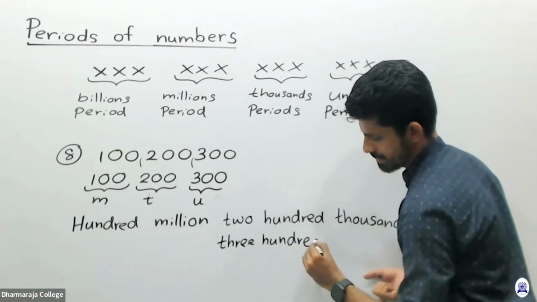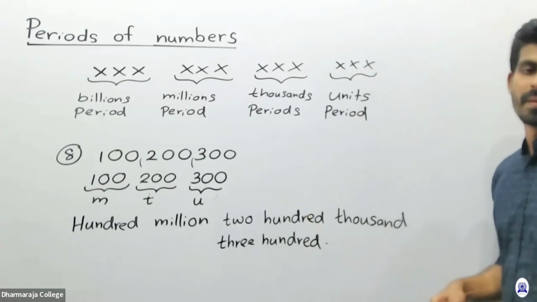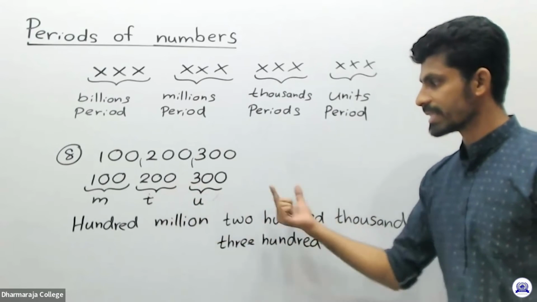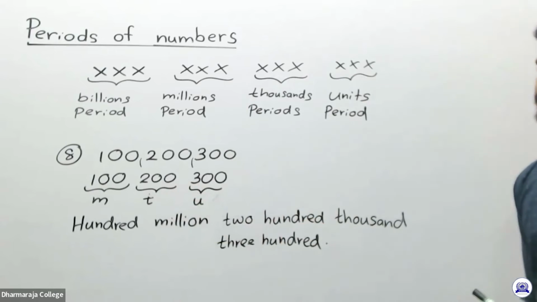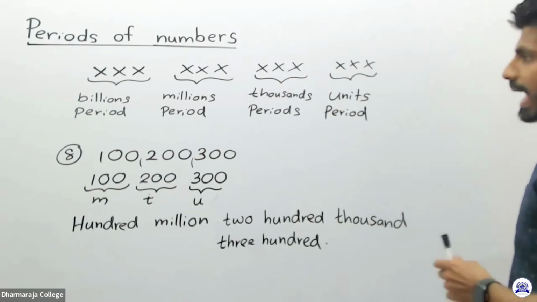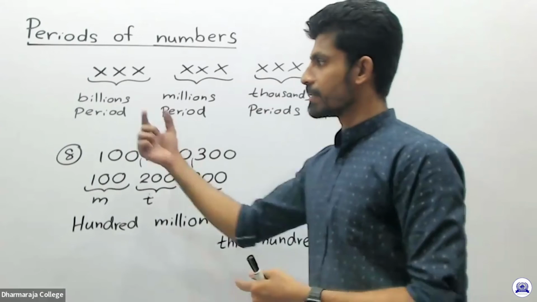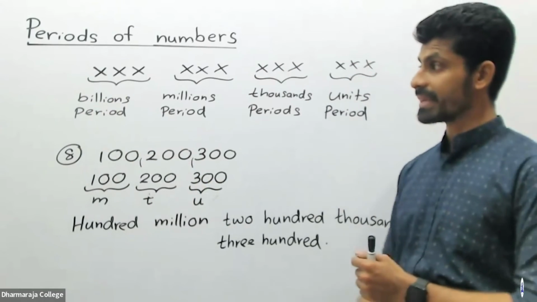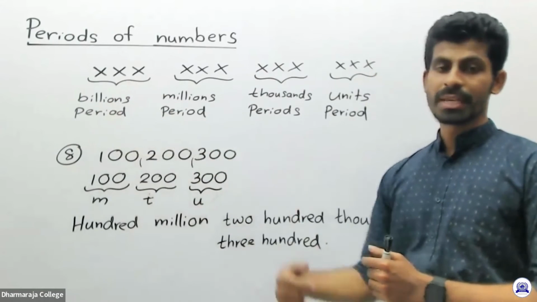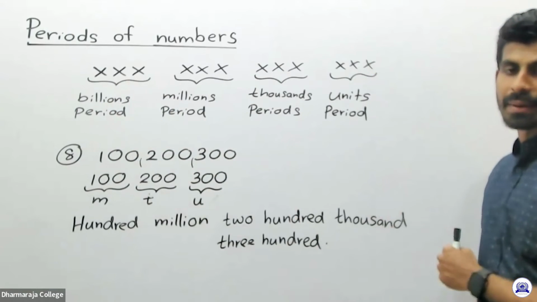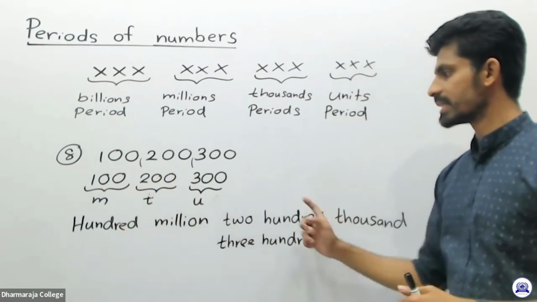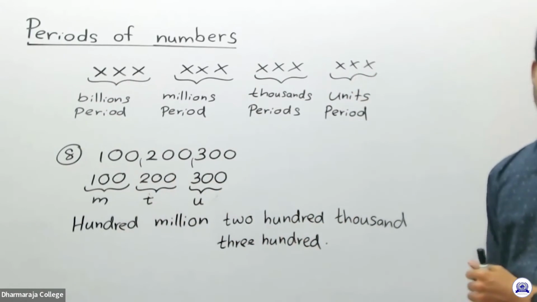Last two questions, I'm just taking from the billions period. And you can do this one. Quickly, hurry up. 100 million, 200,000, 300.